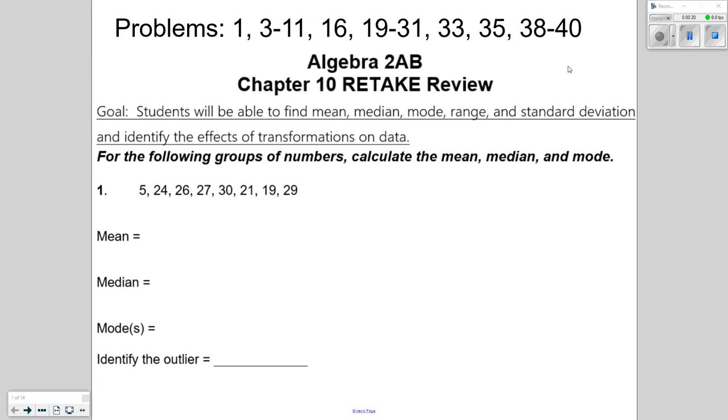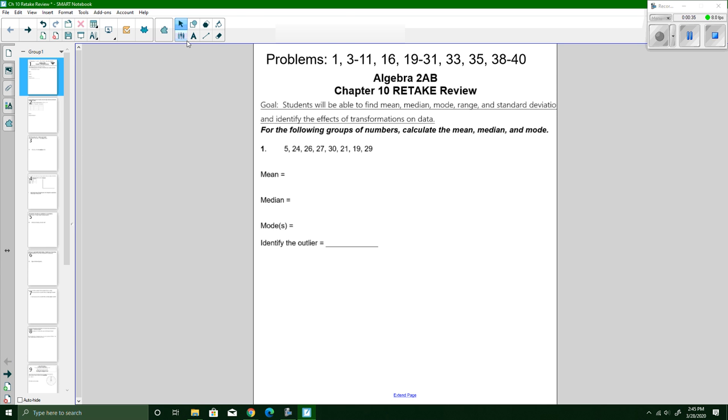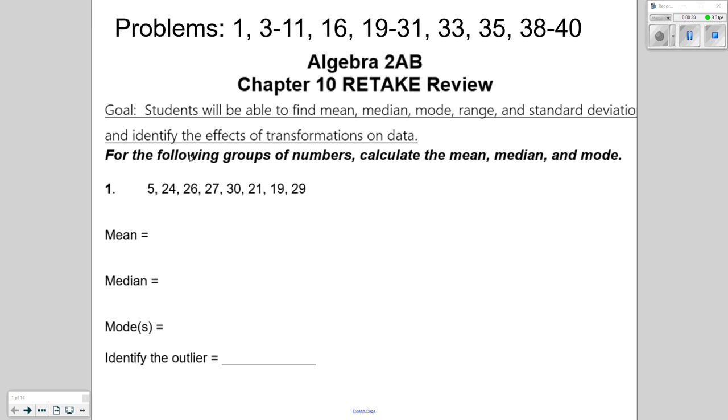All right, first we have the mean, median, mode, and identifying the outlier in the data set. So to find the mean, we've got to find the sum.